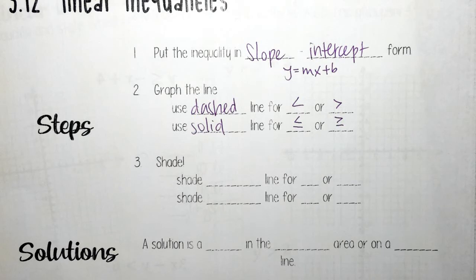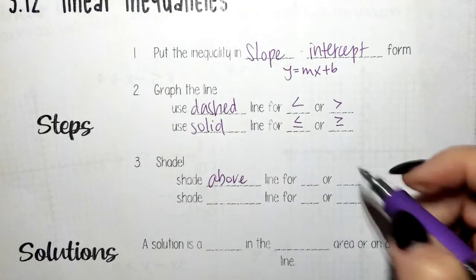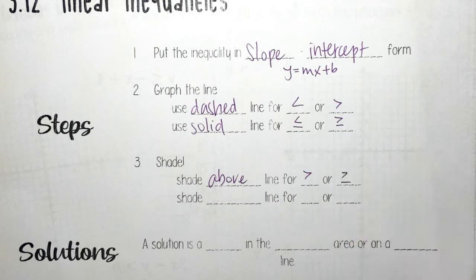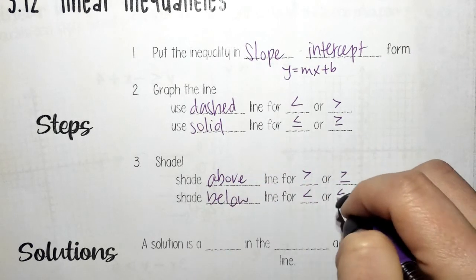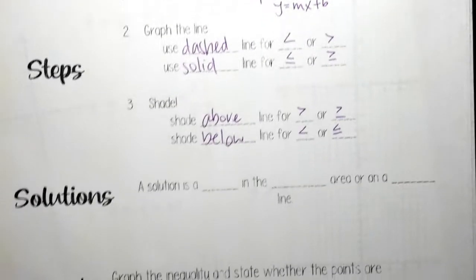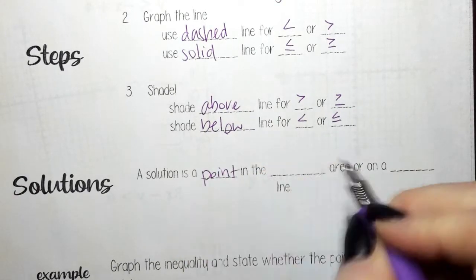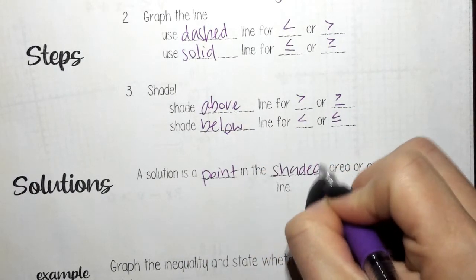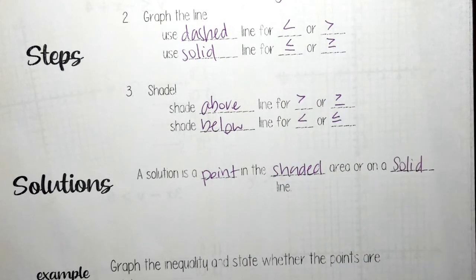And then we will shade above the line for greater than or greater than or equal to, and below the line for less than and less than or equal to. Okay, so that should be a review. A solution is a point in the shaded area or on a solid line only.